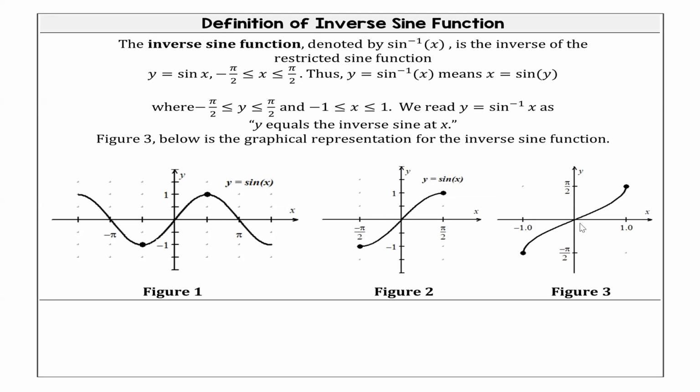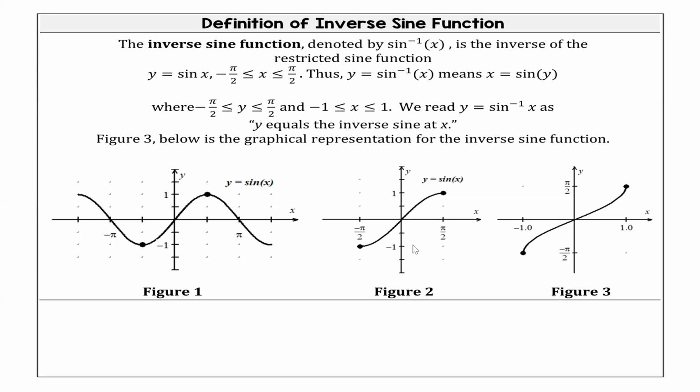Your x's and y's are switching from the sine graph, just like any other inverse function: your domain and your range switch. However, there are limits to our original range. Our range here is only from -1 to 1, so our domain, by the time we get to the inverse, has to also be from -1 to 1.